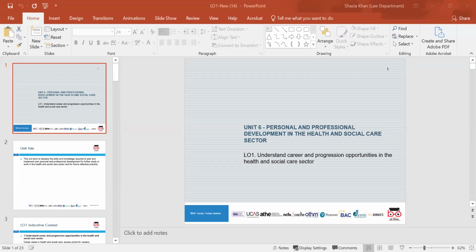The first, which we're doing today, is to understand career and progression opportunities in the health and social care sector. The second is to understand professional development in health and social care. The third is to understand reflective practice and how it supports personal and professional development. The fourth is to understand how to plan your own personal development in health and social care.